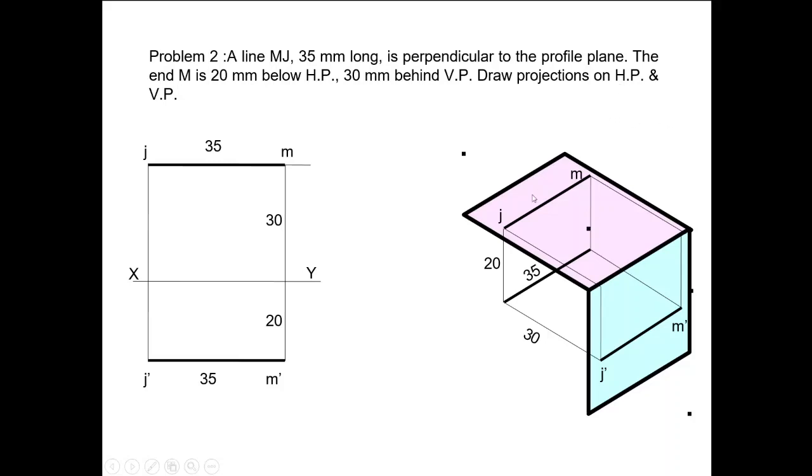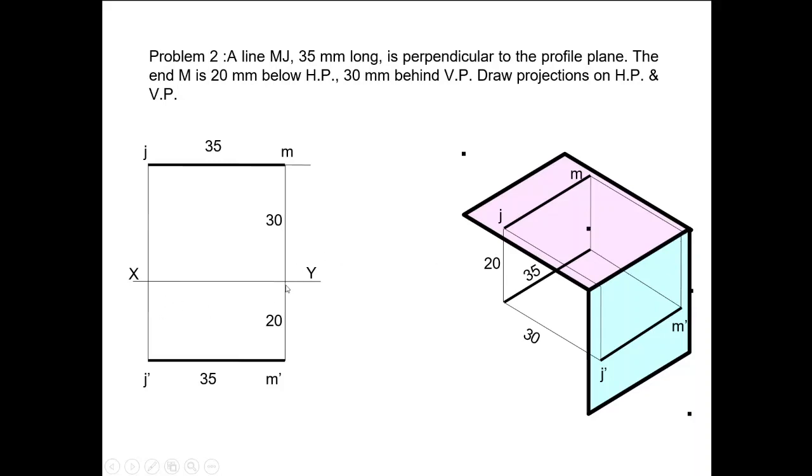Okay, so as it is in third quadrant, the top view will be above the XY line and front view will be below the XY. So the front view will be a straight line at a distance 20 mm from the XY line.